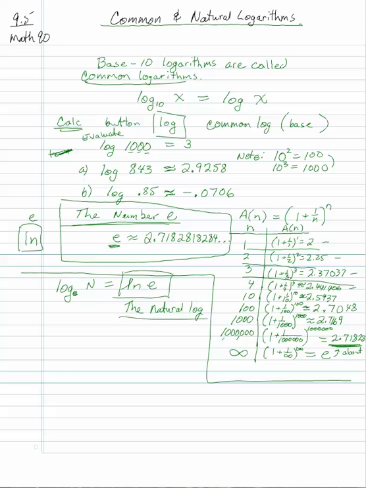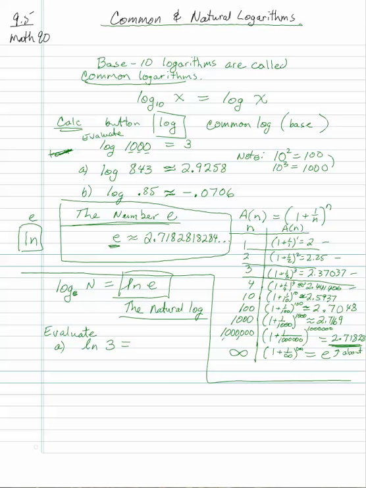So the natural log is base e. E is 2.71828, or about 2.718. So if I ask you to evaluate, look for the button on your calculator, ln of 3. Remember, 2.718 is e, the base of the natural log, so this should be 1 point something.